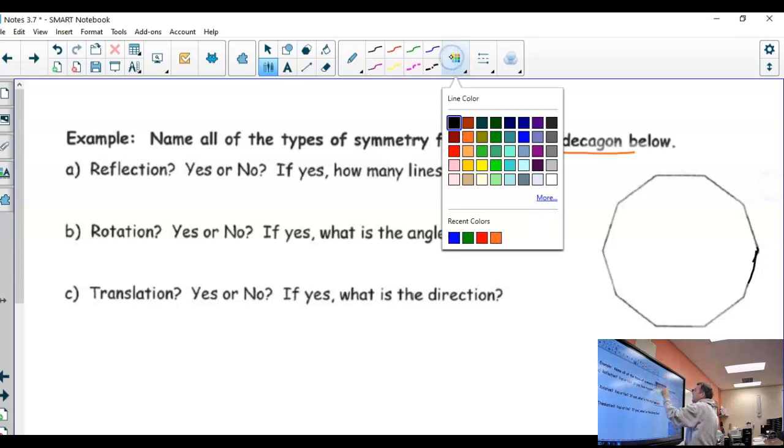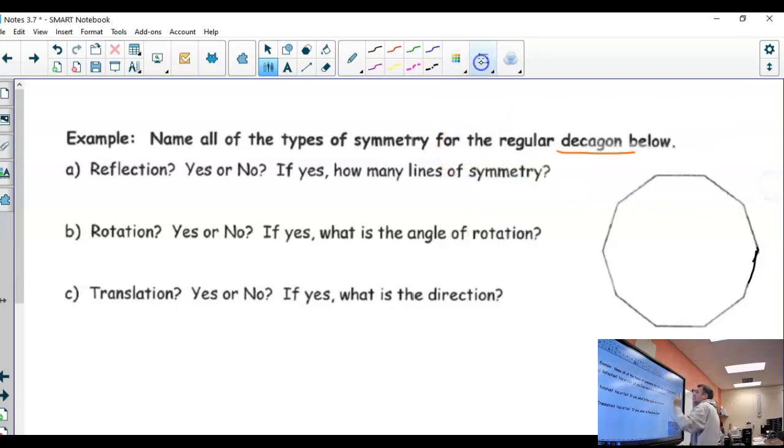All right, so my question is, name all the types of symmetry. Does it have reflection symmetry? Well, you know it does. All regular shapes have reflection symmetry. And if you remember from the last notes, the same number of sides would be the same number of lines of symmetry.